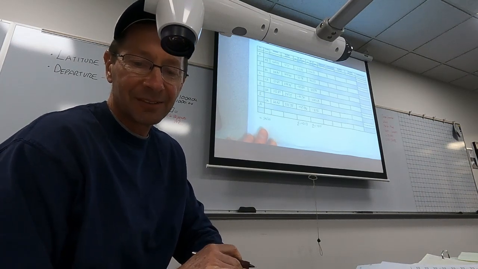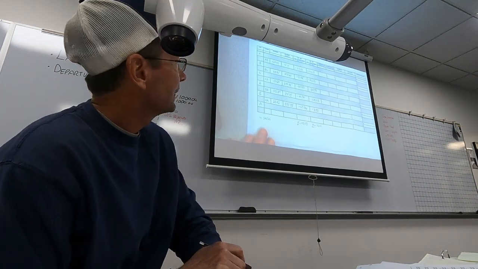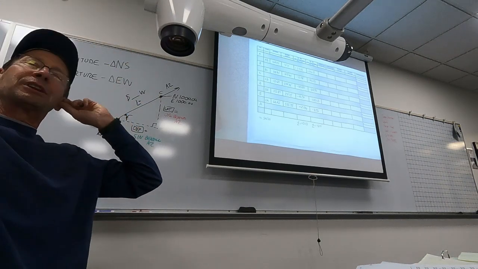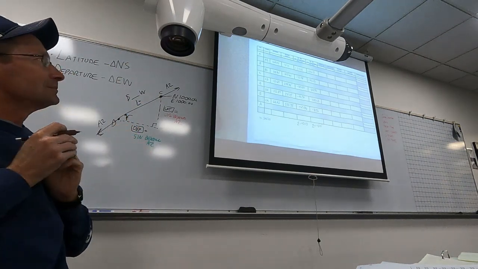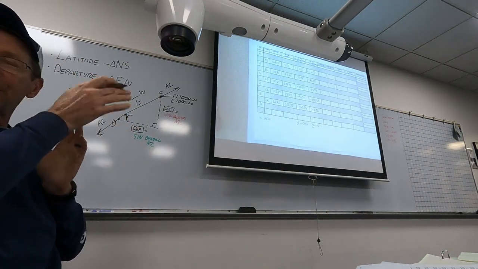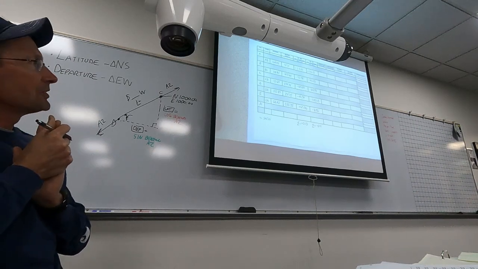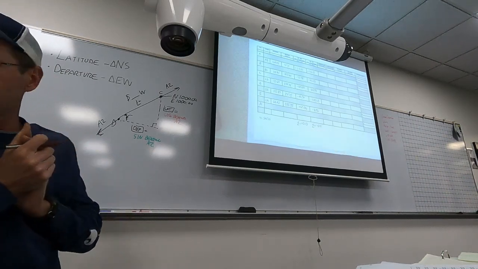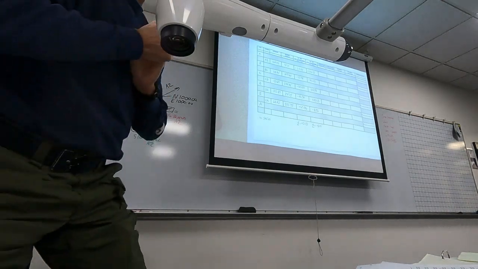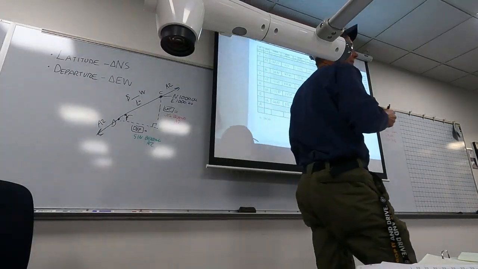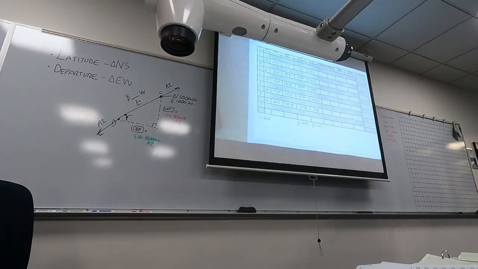So the box didn't close. That means that the 540 degrees worked out well in the traverse, but something's not perfect with the distances. And that's what this is showing us. Okay, so Bob, what do we do with it? We can fix it.